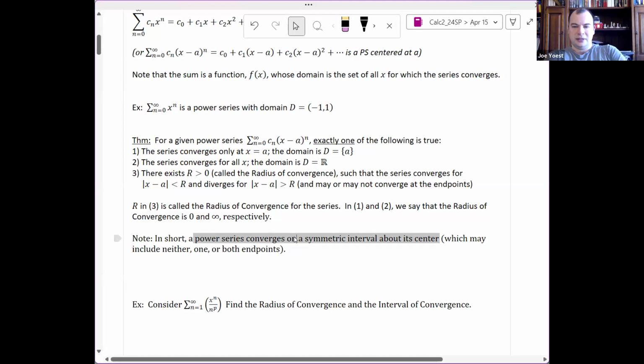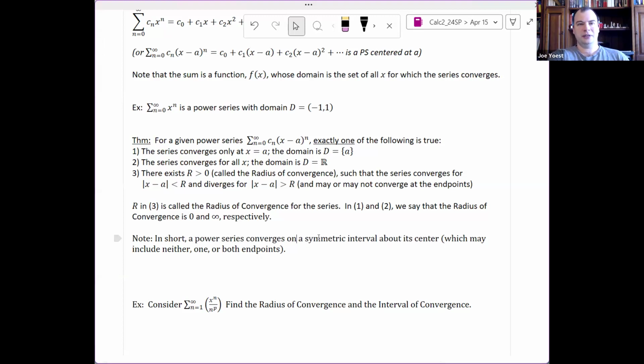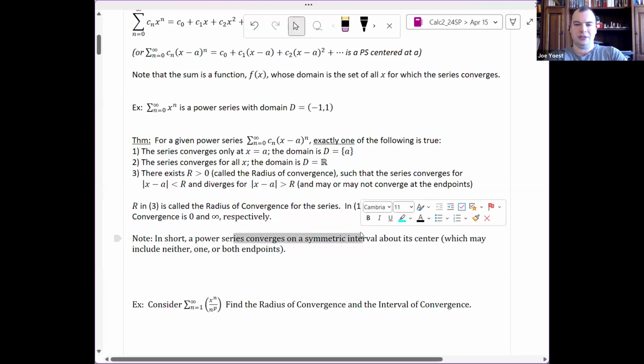But if our series is centered at 0, we can't converge only on the open interval -2 to 7. That's not symmetric about 0. The domain of a power series is a symmetric interval about its center. So we actually did make a pretty strong statement here, even though at first glance it seems like we might have said not very much.